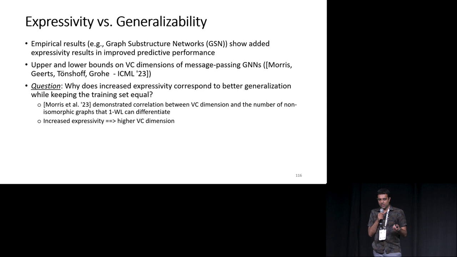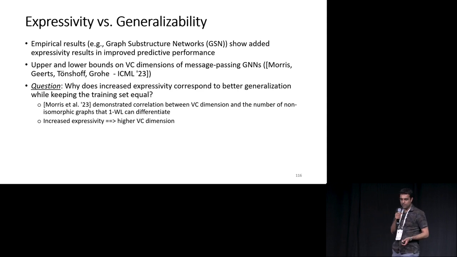One question that still remains somewhat unanswered from this work is, why do you get increased expressivity leading to better generalization even when you keep the training set more or less the same, right?